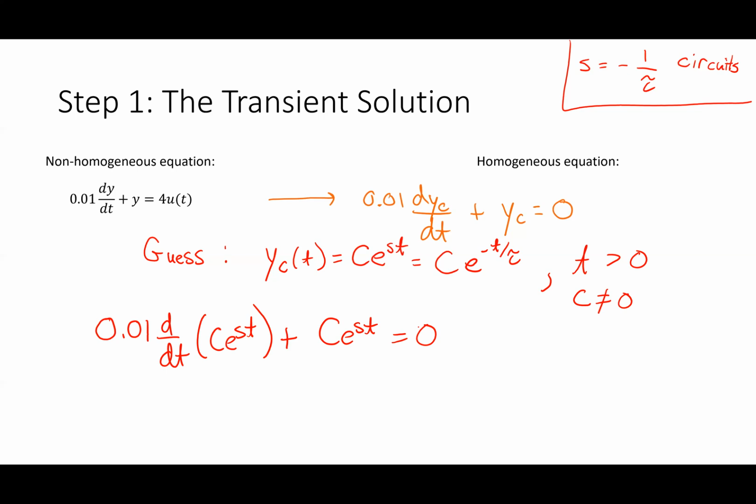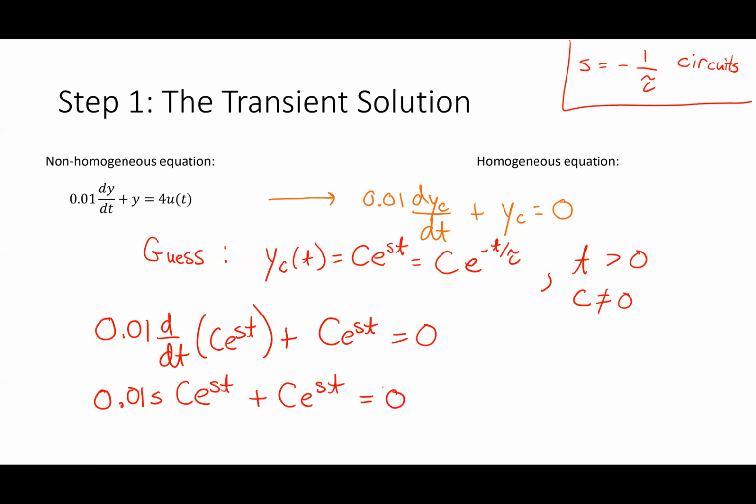What's the derivative of c e to the st with respect to t? Yeah, the s comes down. So I say 0.01 s times c e to the st plus c e to the st equals 0.